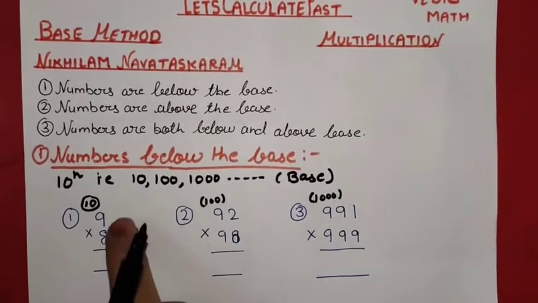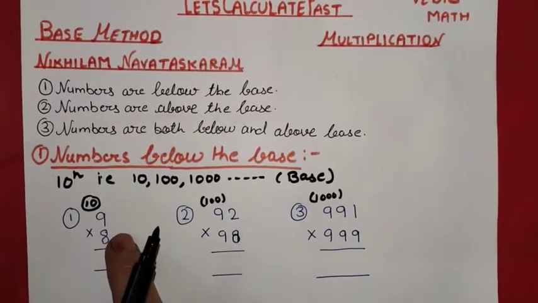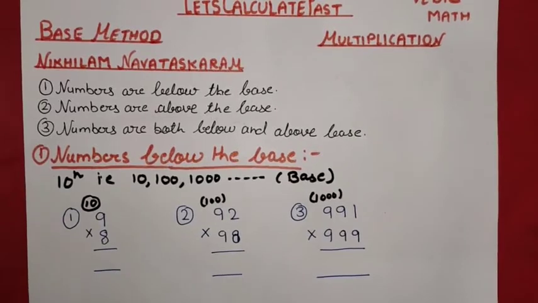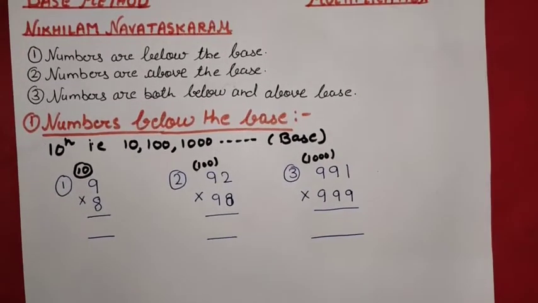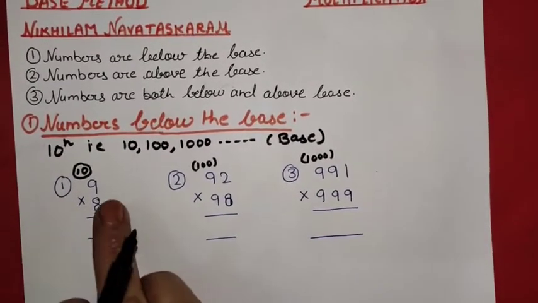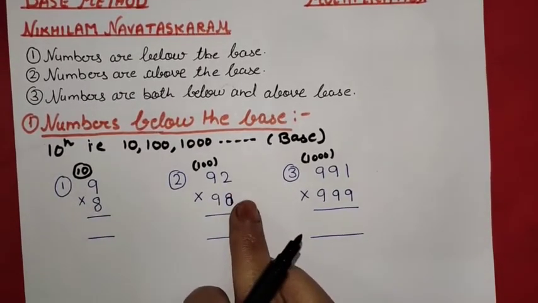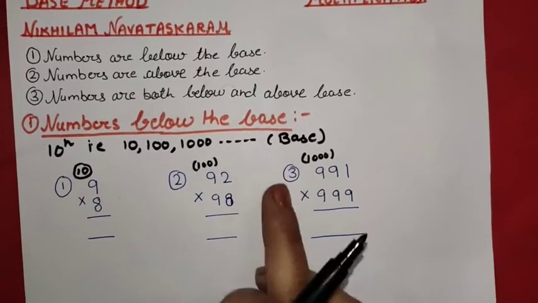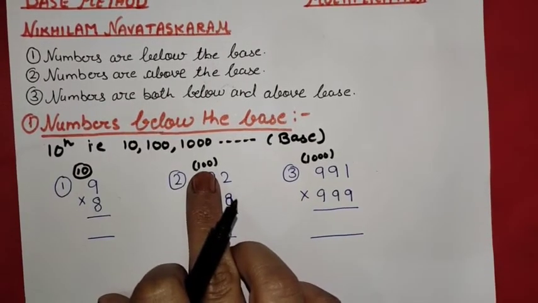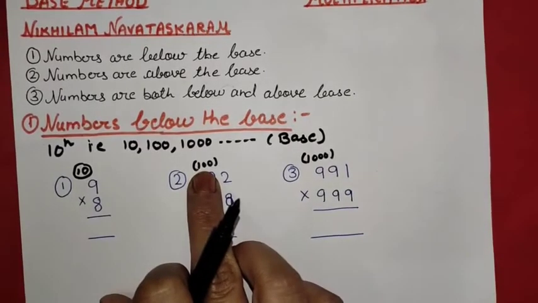Now see, both 9 and 8 are less than 10, or we can say below 10. So these two numbers are below the base. Now 92 and 98, both the numbers are less than 100, or we can say below 100.